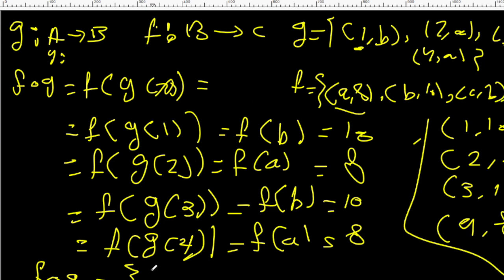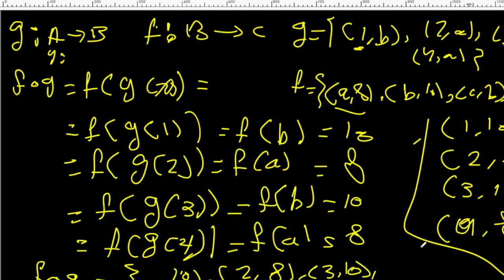So it will equal one, and it's going to be tricky to write here, and then 2 and 8, and then 3 and 10, and finally 4 and 8.